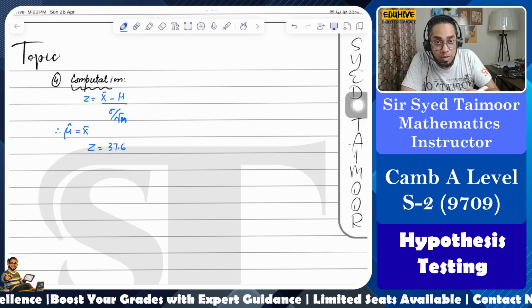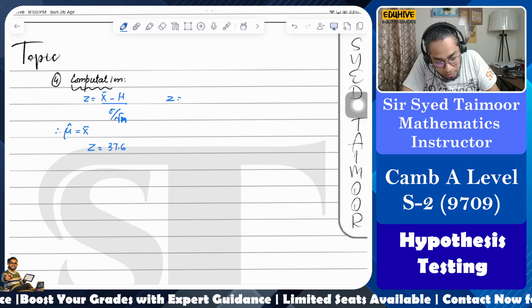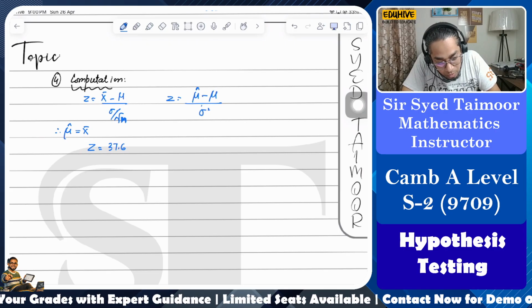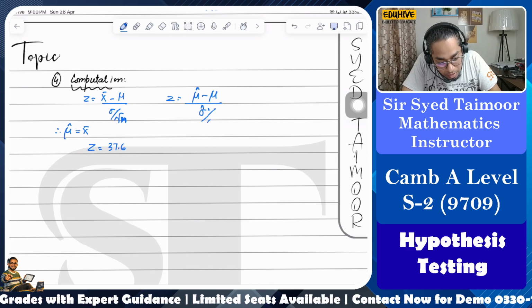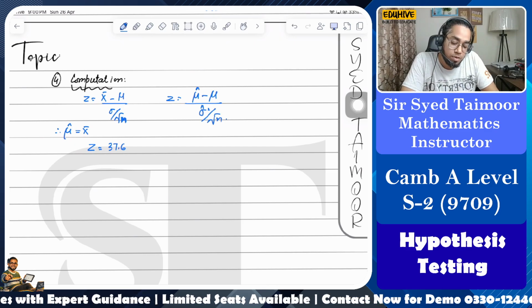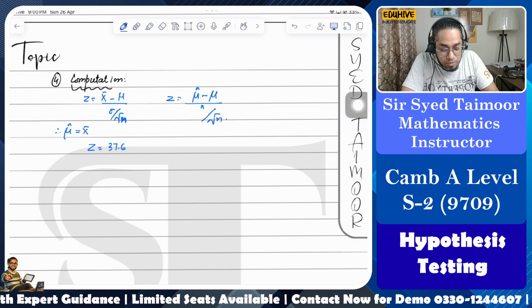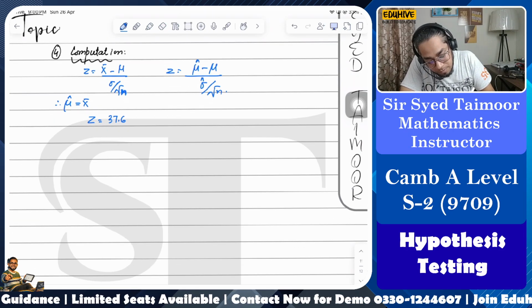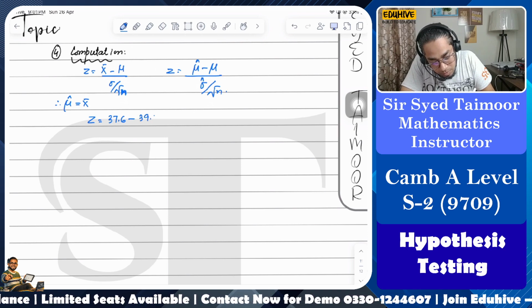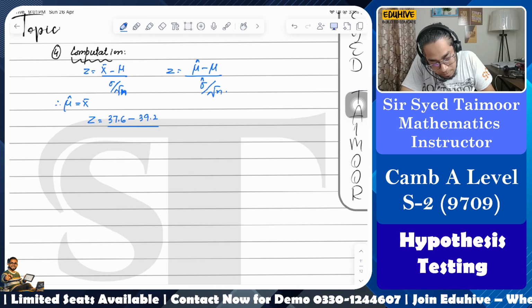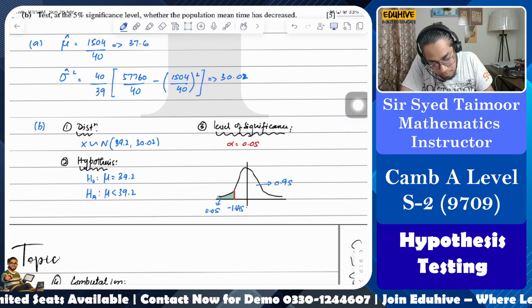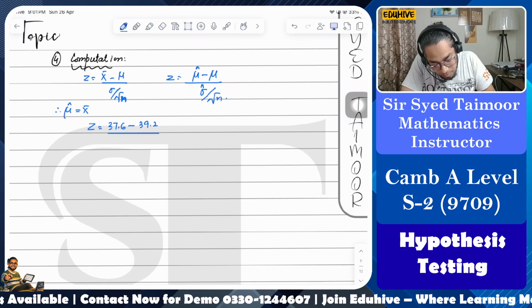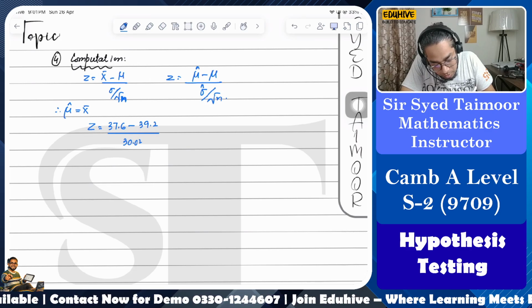Or if you wanted to replace in the formula, you will write mu cap minus mu divided by sigma cap under root of n. Okay, it's 39.2 now. 30.02.